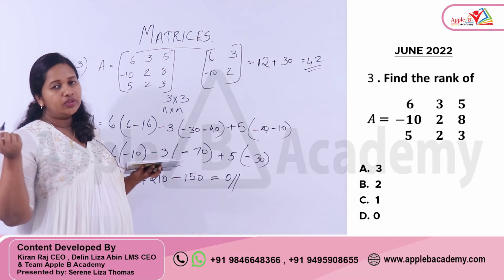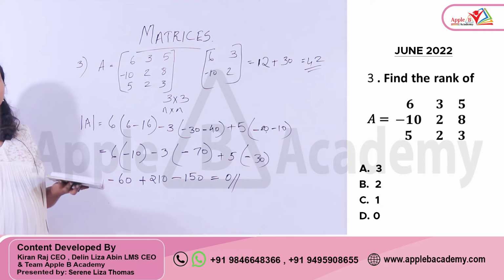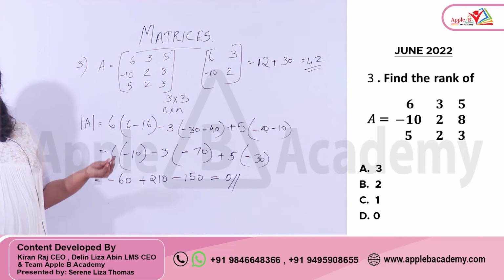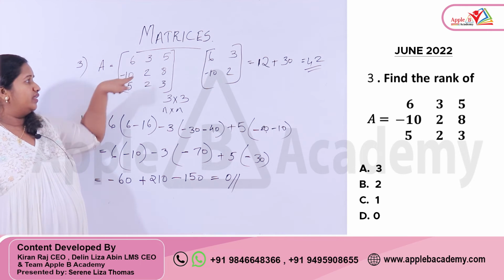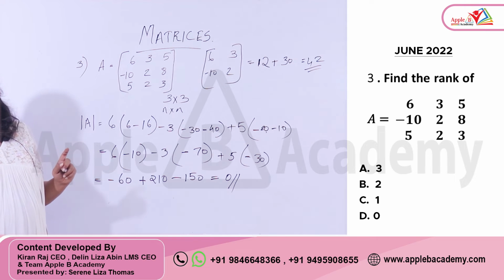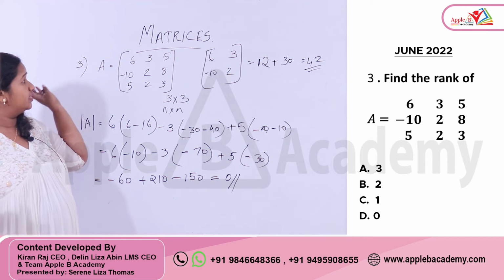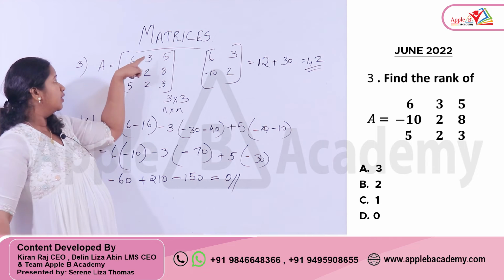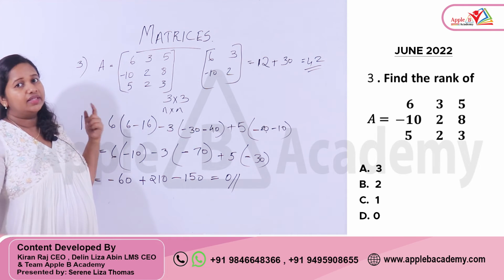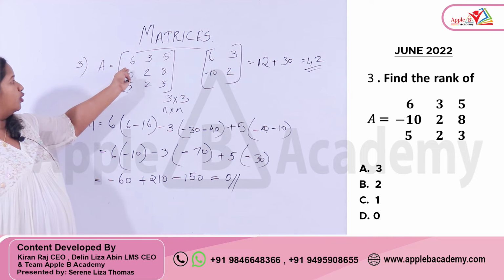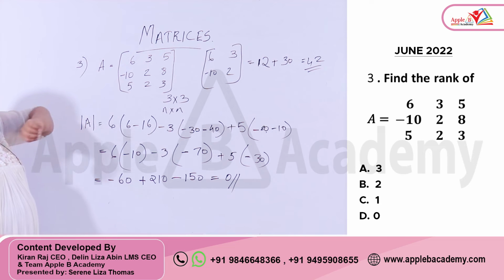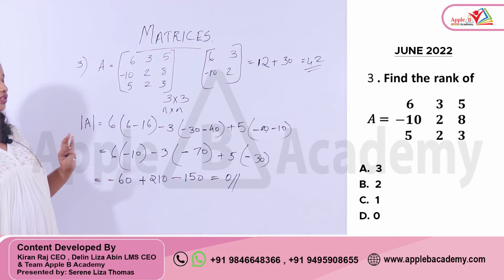Now you need not check further, because if you get the determinant of any of the 2 into 2 matrices in this particular matrix as a non-zero number, then the rank will be equal to 2. If you get the determinant of all the 2 into 2 matrices as zero, then the rank will be 1. So solving 6, 3, minus 10, 2, we got 42, which is a non-zero number, so the rank will be equal to 2.